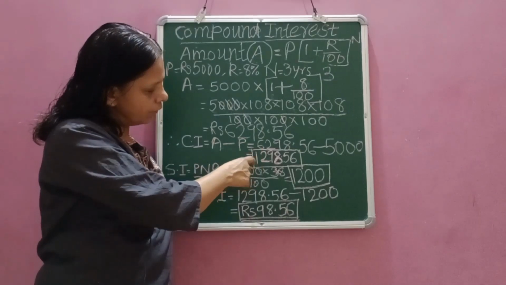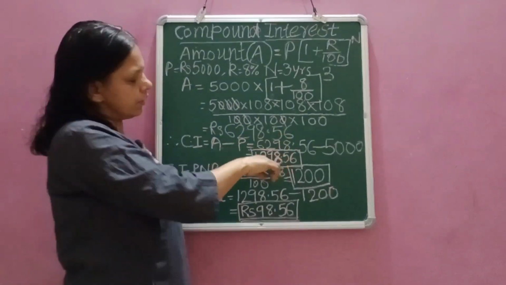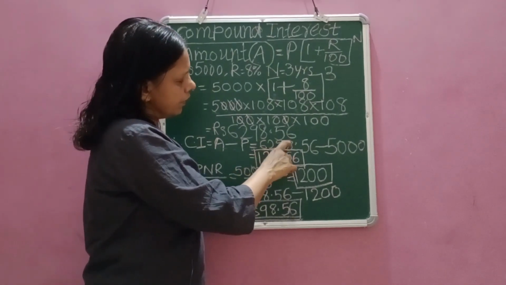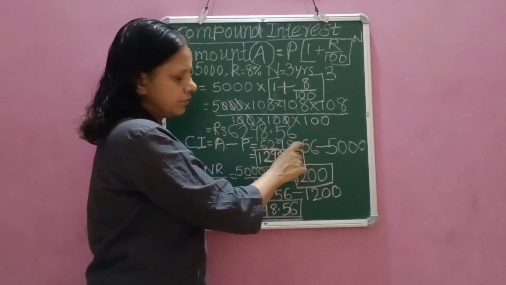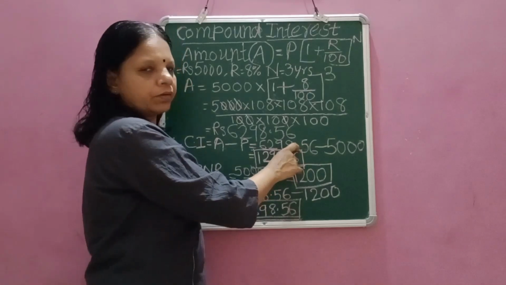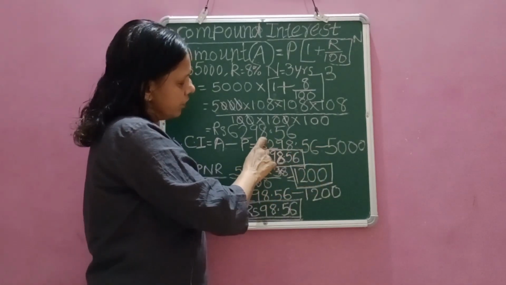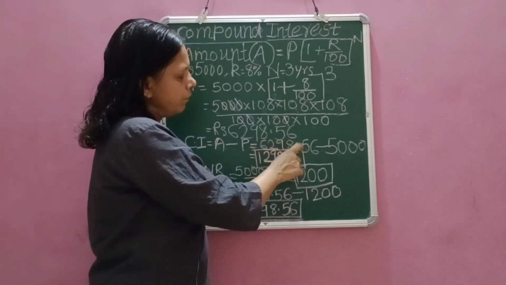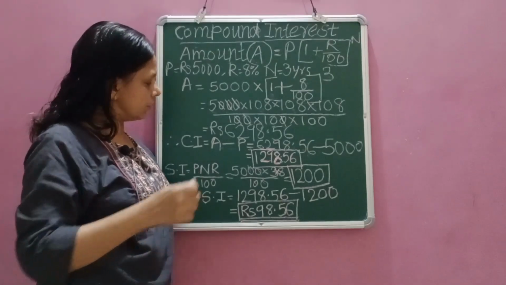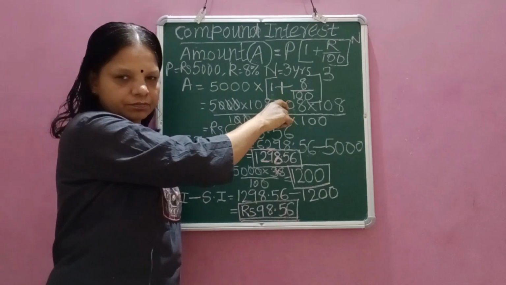So the answer I obtained after simplifying this numerical expression is 6298.560. So put the decimal point before 3 digits. This 0 has no value. So the answer is 6298.56. That is the amount with the compound interest.